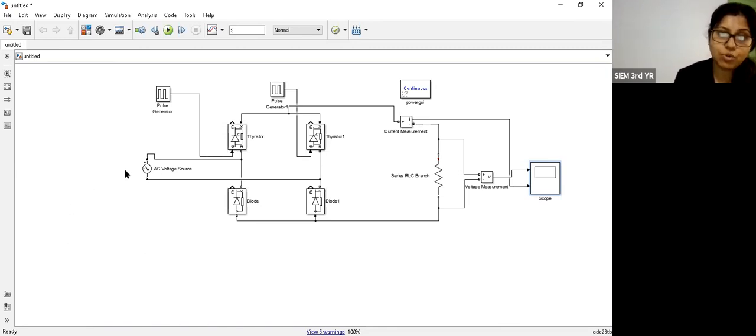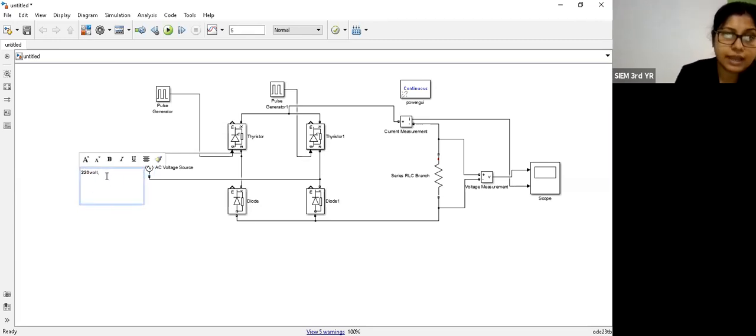Now the source voltage value 220 volt and the supply frequency that is 50 hertz.